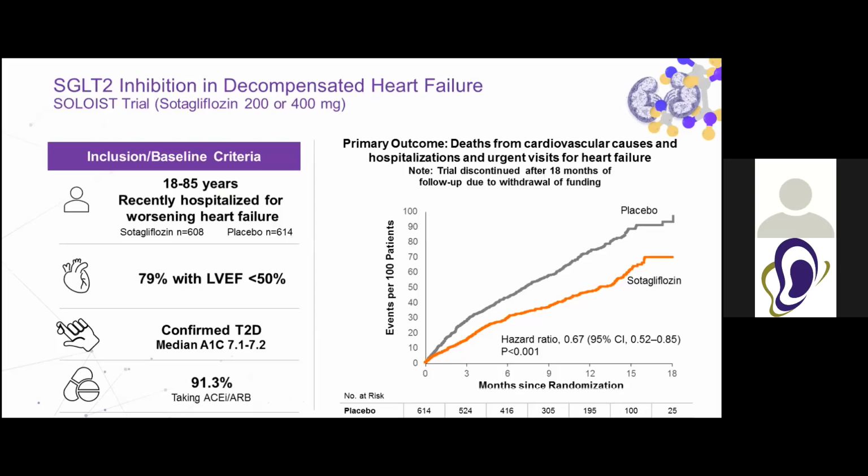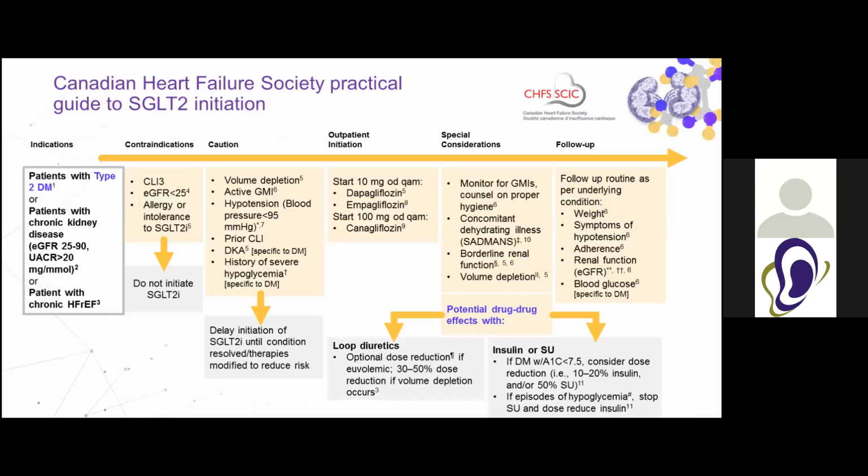Recently, there's been a study of SGLT2 inhibition in decompensated heart failure, the SOLOIST study, and again, that showed an improvement in heart failure populations in those taking ACE inhibitors and ARBs when adding this agent. So much so that the abundance of evidence has led to the Canadian Heart Failure Society practical guide on when you start SGLT2 inhibition in patients with type 2 diabetes, or those with CKD, or those with HFrEF.